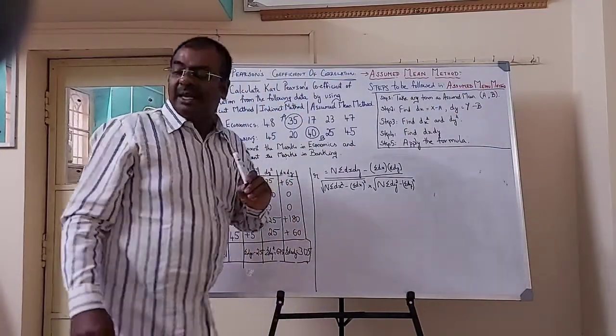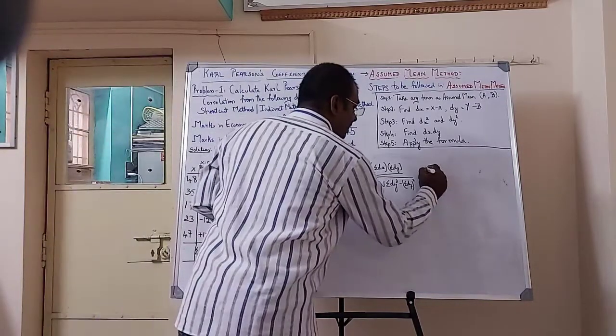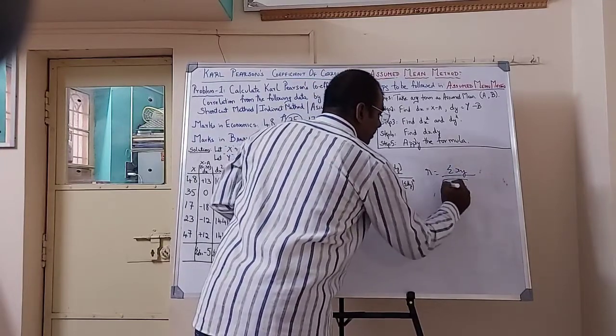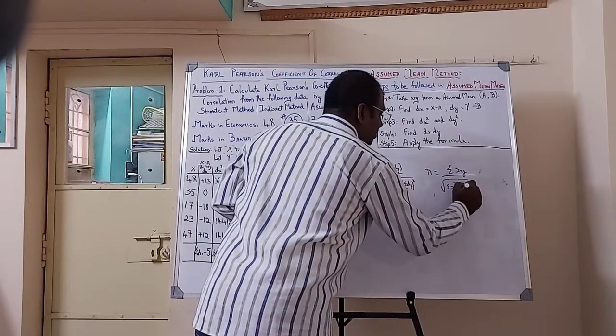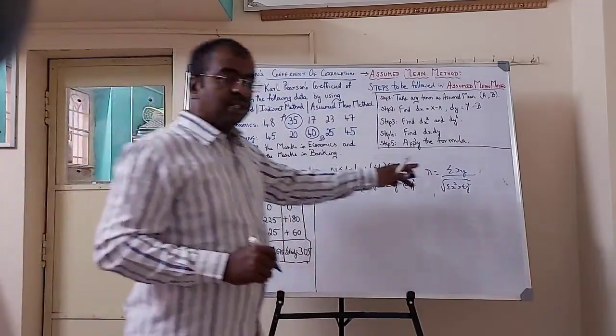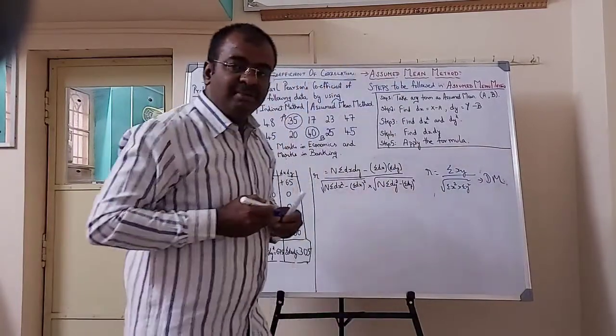Under direct method, if you observe, the formula was R is equal to sigma xy divided by square root of sigma x square into sigma y square. This was the formula under which method? Under the direct method.